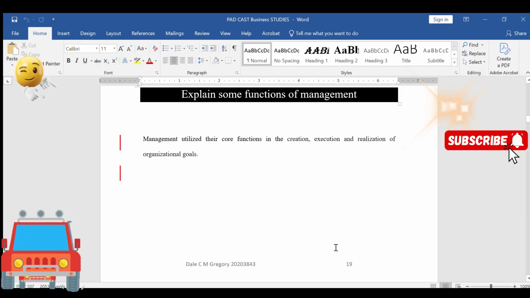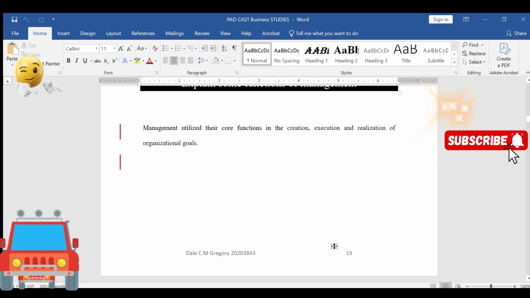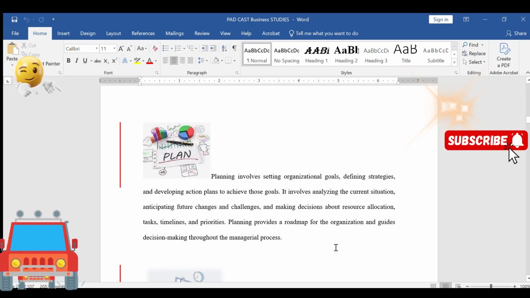Management utilizes core functions in the creation and realization of organizational goals. Planning involves setting organizational goals, defining strategies, and developing action plans to achieve those goals.